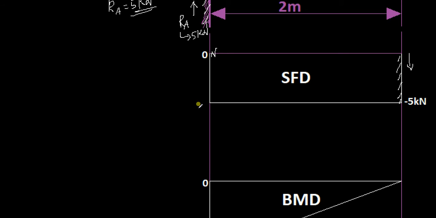At this point you have a reaction at A equal to 5 acting upwards, so your net force becomes 0. That's your shear force diagram for that particular cantilever beam.